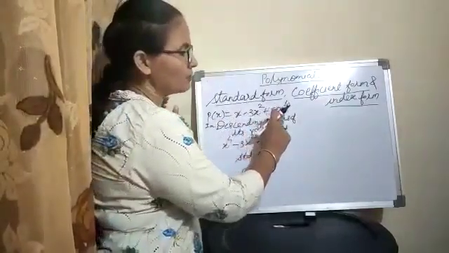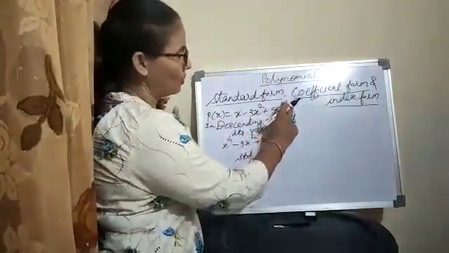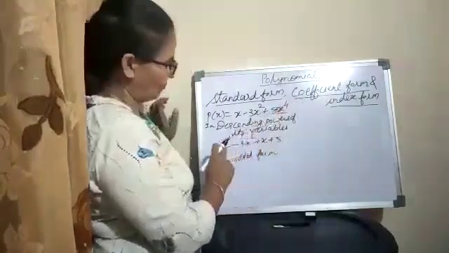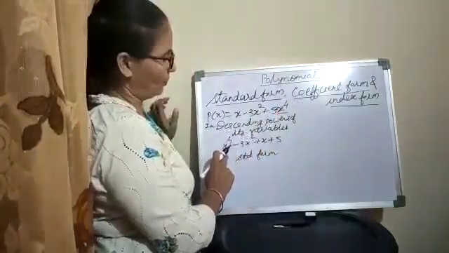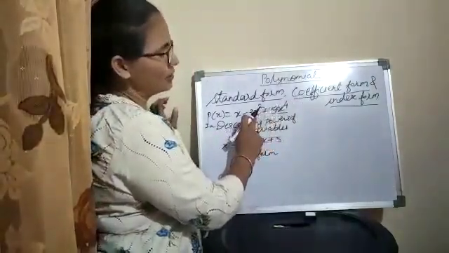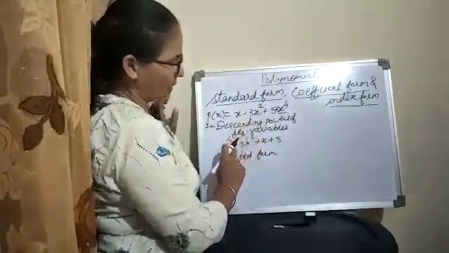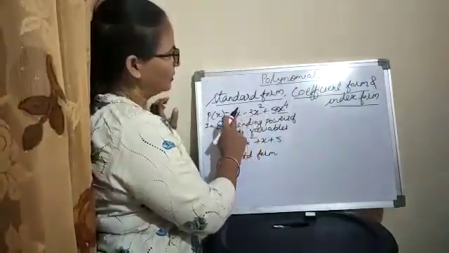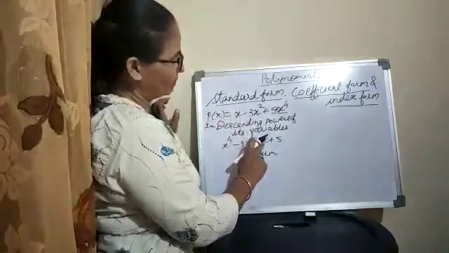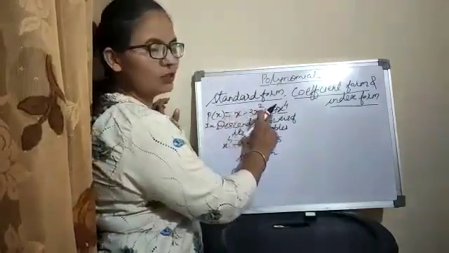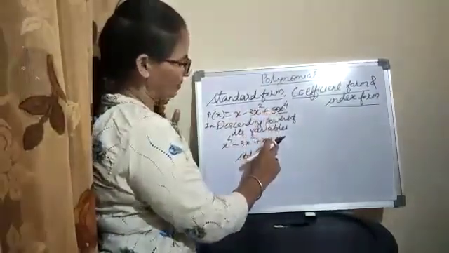So what is the highest power of the variable here? 4. So this term will come first, x raised to the power 4. After 4, what is the power here? 2. So we write minus 3x square. Then what is the power here? 1. Then we write plus x. And then the constant term, where there is no variable.